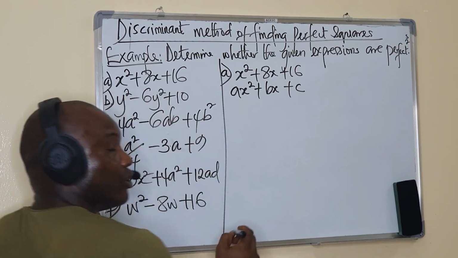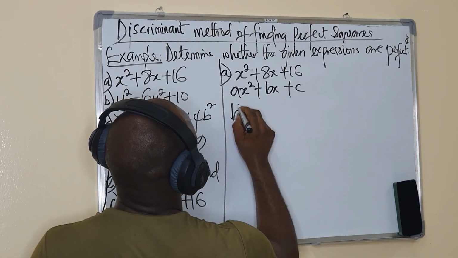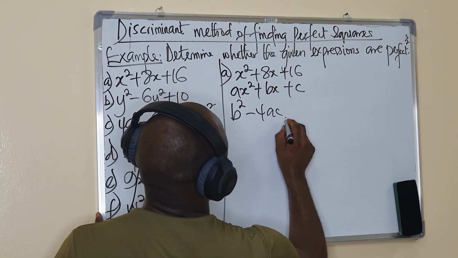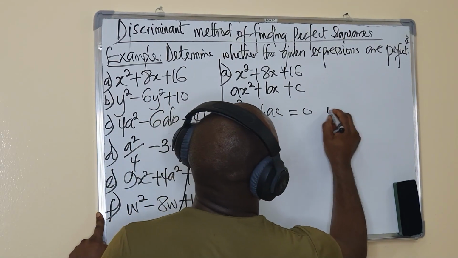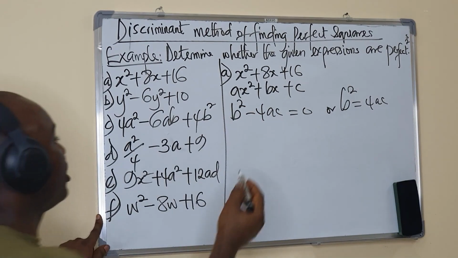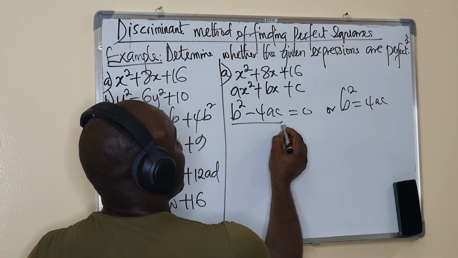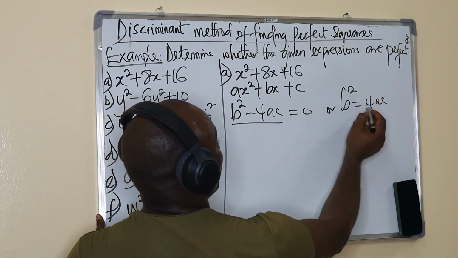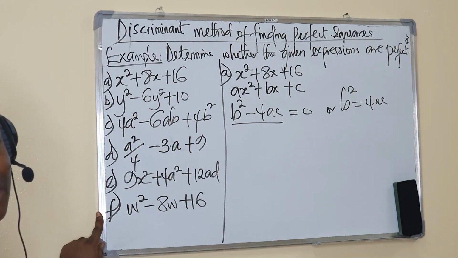So bringing in the discriminant method, which is b squared minus 4ac must equal 0, or b squared must equal 4ac. Any expression that we try working with this formula and it gives us 0 or b squared equals 4ac, that expression is a perfect square.